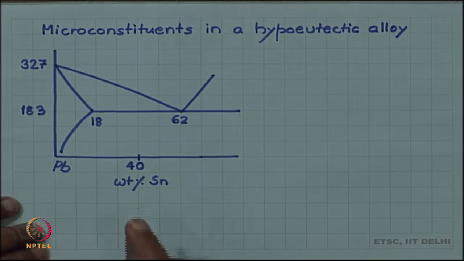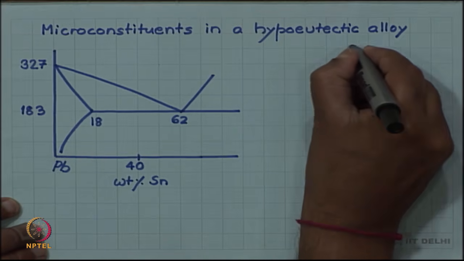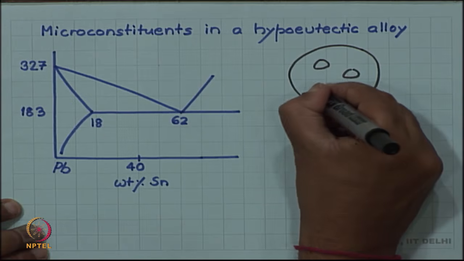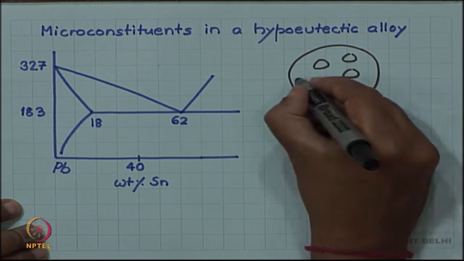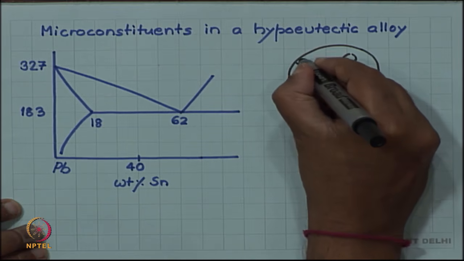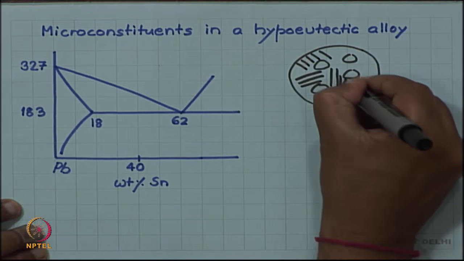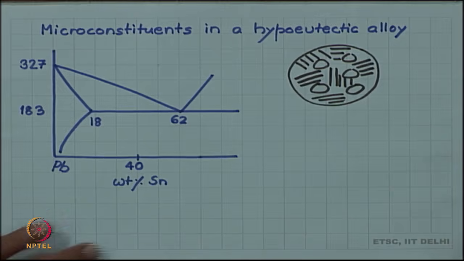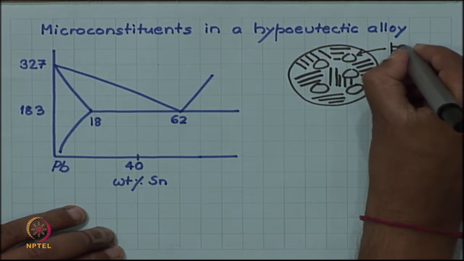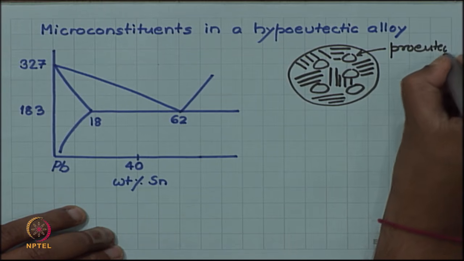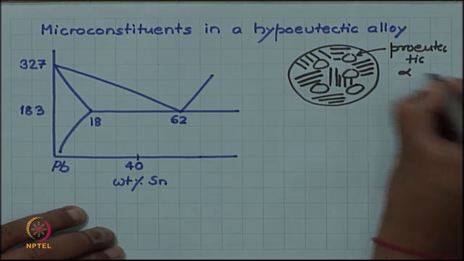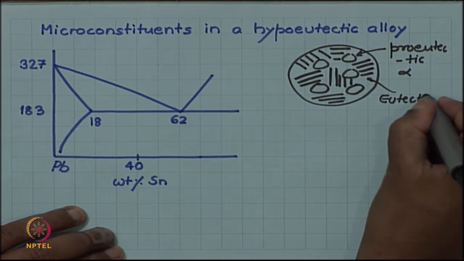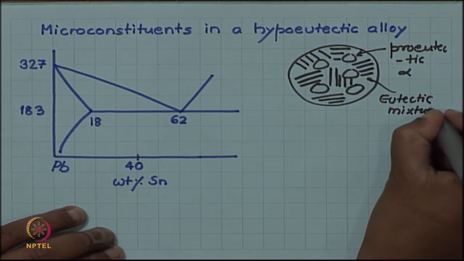If you wish to determine the microconstituents, remember we had the alloy, and we had some pro-eutectic alpha, and we had the eutectic mixture.